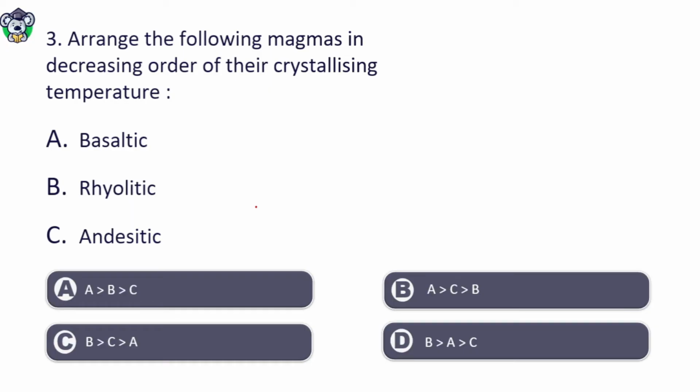Arrange the following magmas in decreasing order of their crystallizing temperature. What is the crystallizing temperature of basaltic magma? That ranges from 1000 to 1200 degree centigrade. Similarly rhyolitic is 650 to 800 degree centigrade.